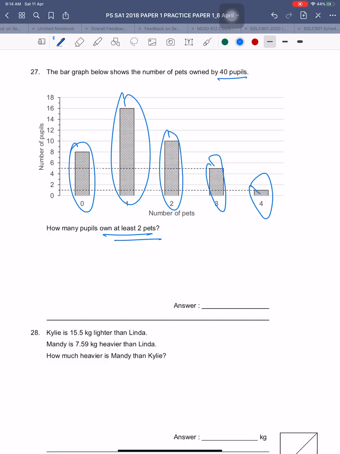At least 2 meaning can be 2, can be 3, can be 4. At least 2 doesn't mean only 2 pets. So 2 will be 10, 3 will be 5, and 4 will be 1. Add up the numbers. So 16 of them own at least 2 pets.